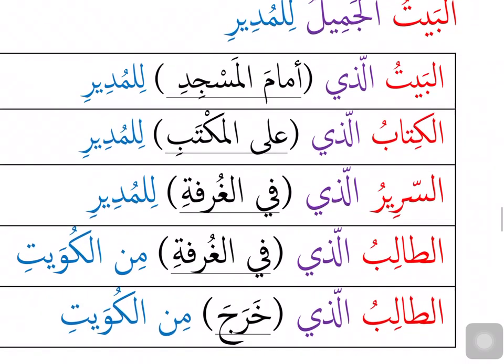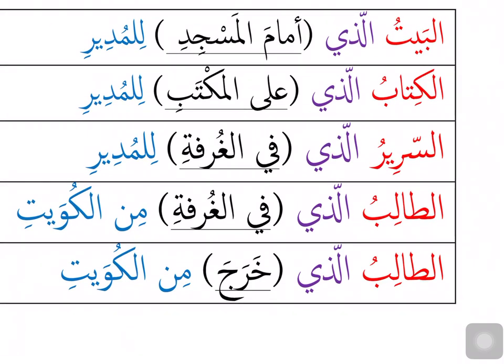Now let's look at an example with an ism mawsul. Al-baytu alladhi amam al-masjidi lil mudiri. Al-baytu is mubtada. Alladhi is the sifa because it followed a noun with al. Alladhi is an ism mawsul, meaning it will have a sila. The sila will start right after it. So amama is definitely the start of the sila for alladhi.